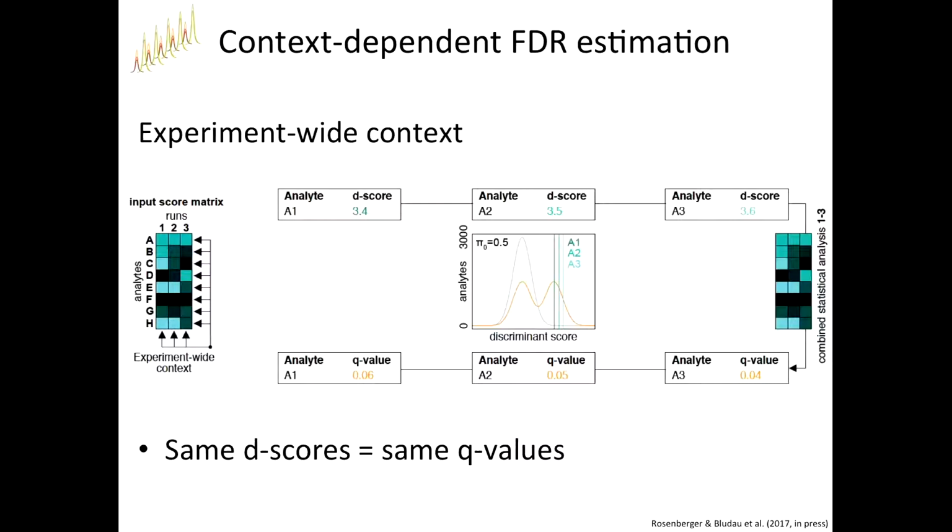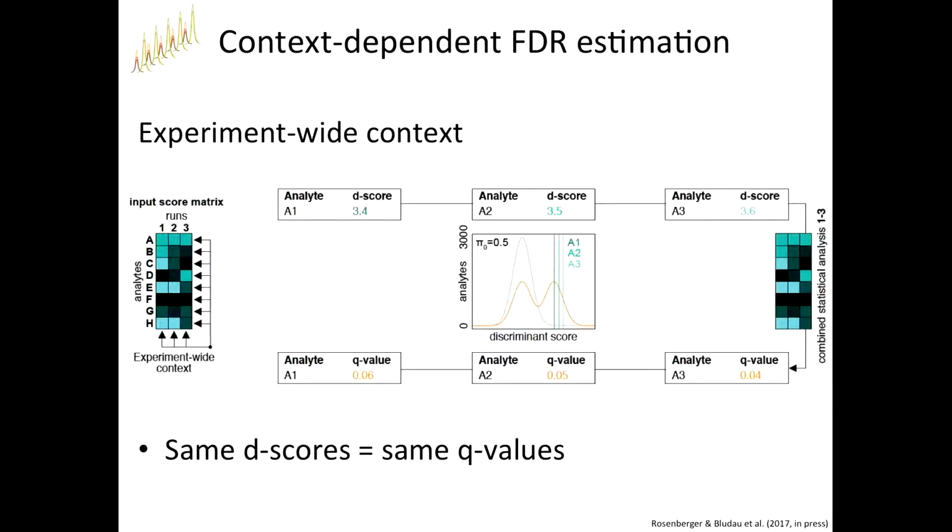You make a mixture distribution which will have an average pi0, an average fraction of false positives. And then you get comparable q-values across your data set, and these will correspond better to the quality of the visually observed peaks that you have detected.